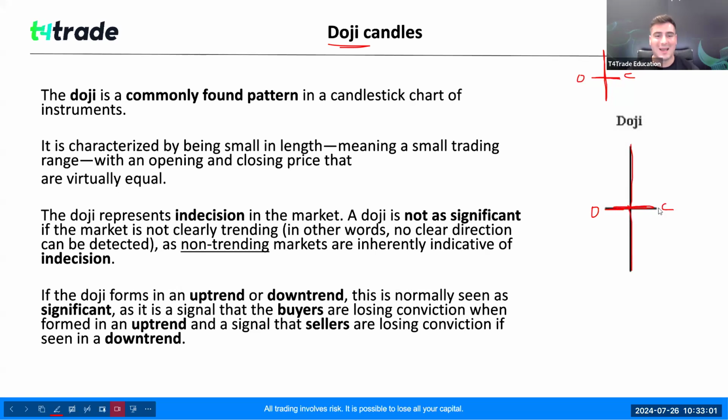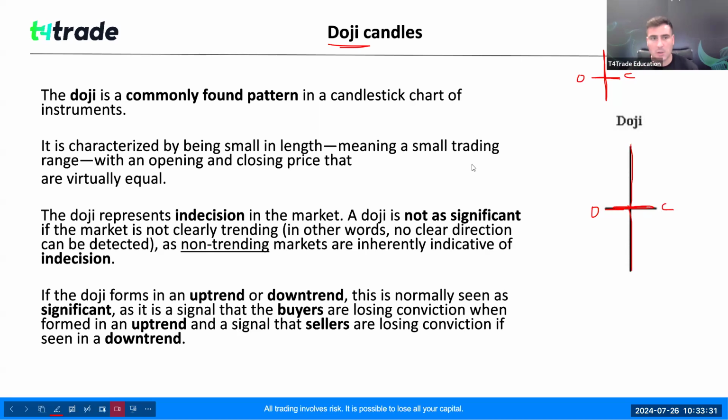This is what we call equilibrium, the purest form of equilibrium. Bears dragged the bulls into their territory, then the bears fought back. You can conceptualize this as a tug of war game. At the end of the day, the bears and the bulls agreed that this level is the most appropriate one. So open price and close price are exactly the same or very, very close to each other.